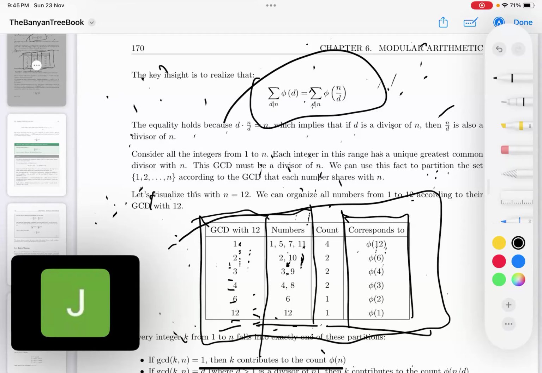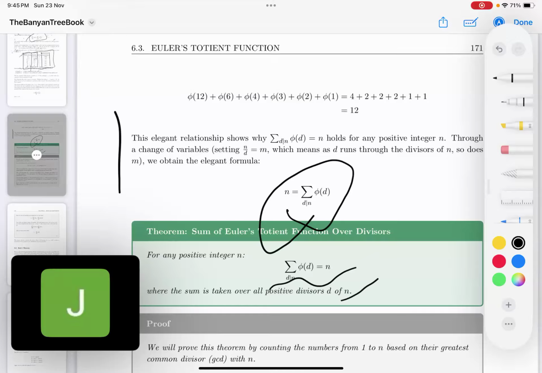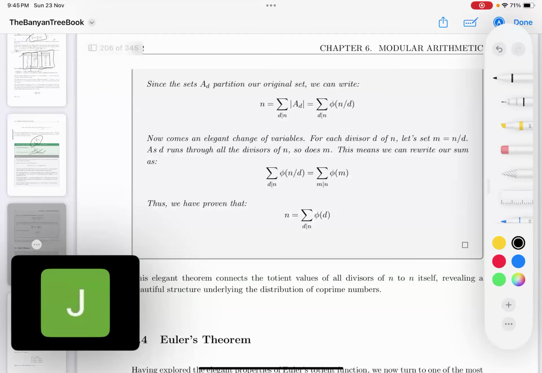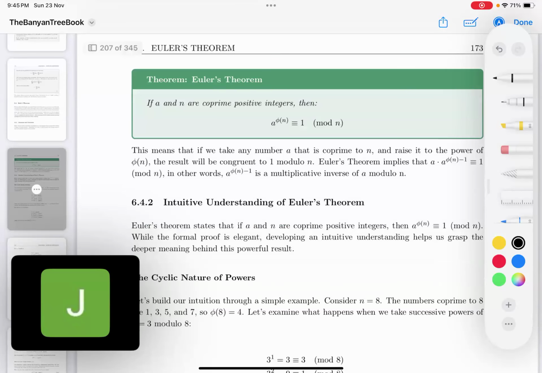So this is the final equation. This is just what we proved over all positive divisors. This is a more comprehensive proof. And now Euler's theorem.